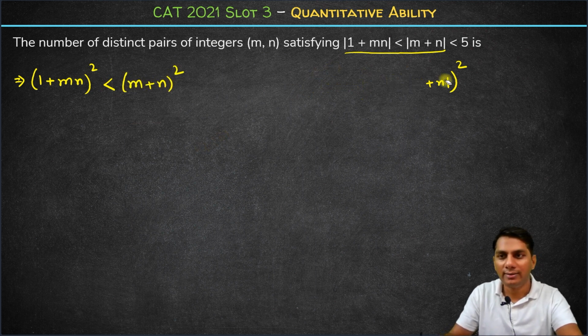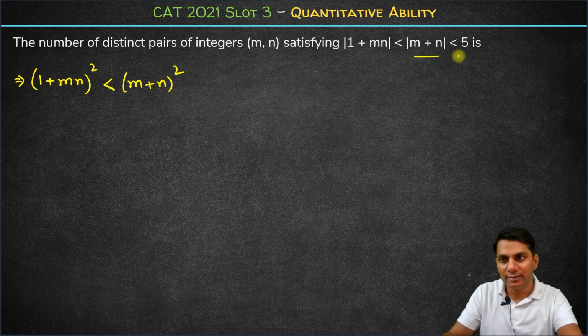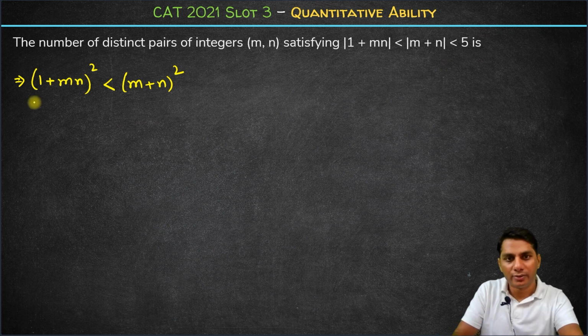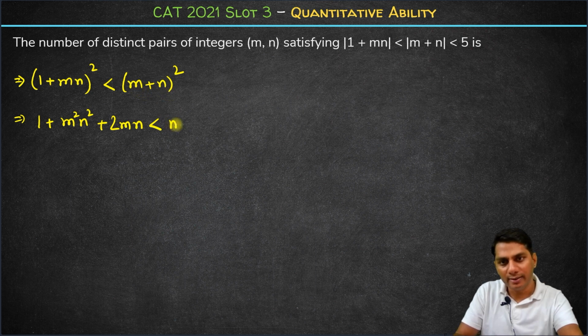Okay. Now let's try to simplify this. We'll take care of this part later. So here let's expand. We have 1 plus m into n whole square, which is mn whole square, plus twice of 1 into mn, twice of m into n. This is less than m square plus n square plus twice of m into n.